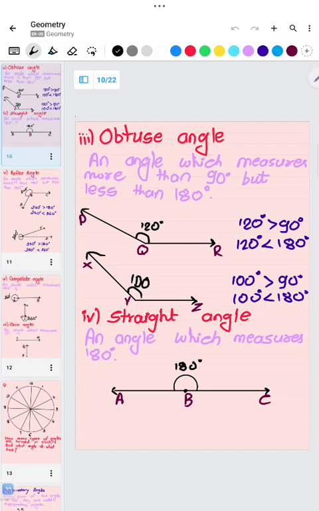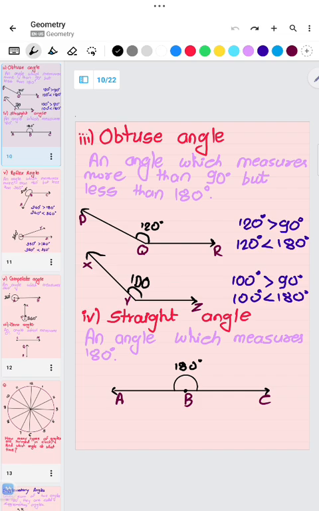First example, 120 degree. 120 degree is more than 90 degree but less than 180 degree. Simply obtuse angle. Second example, 100 degree. 100 degree is more than 90 degree but less than 180 degree. It is also an obtuse angle.